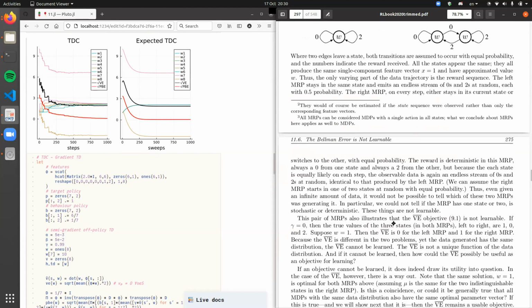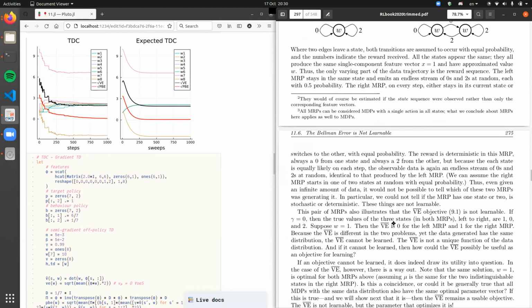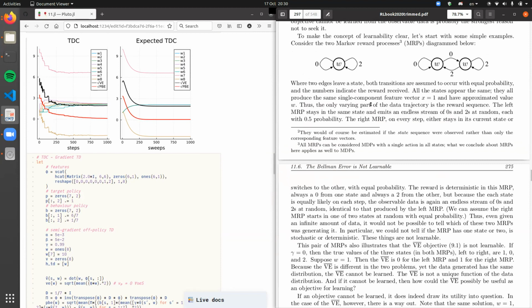So in this case, the expected value error corresponding to these two MRPs is different.